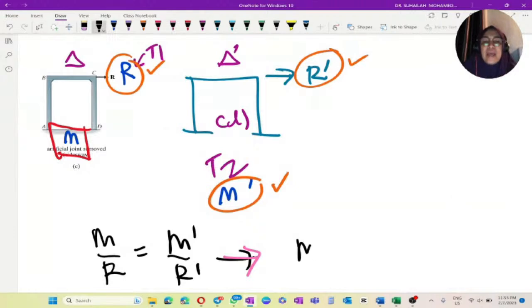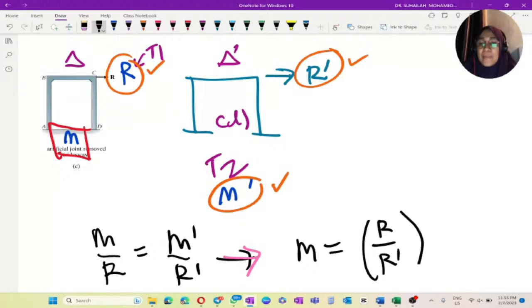From this we get M, which is equal to, we group R and R prime together, and we multiply by M prime. So this R divided by R prime is called the correction factor.